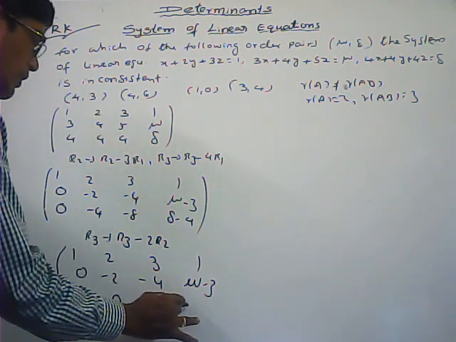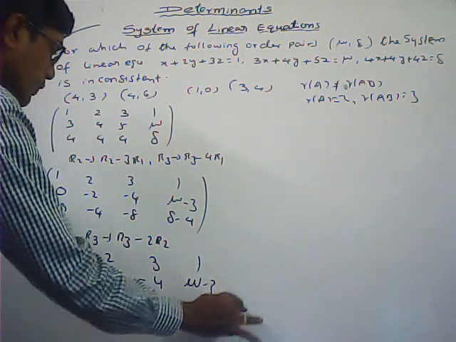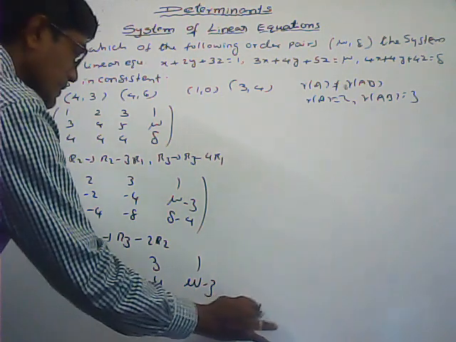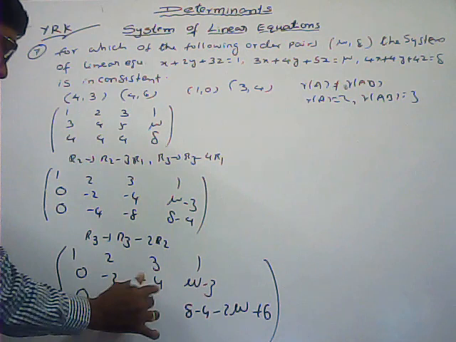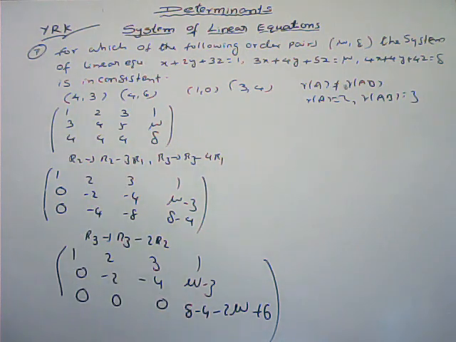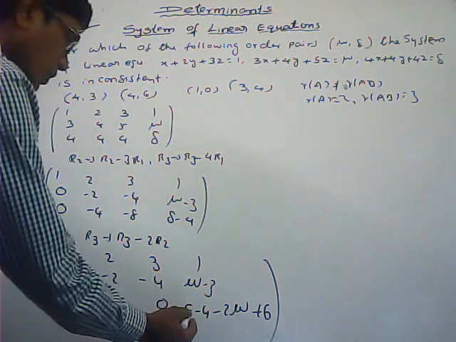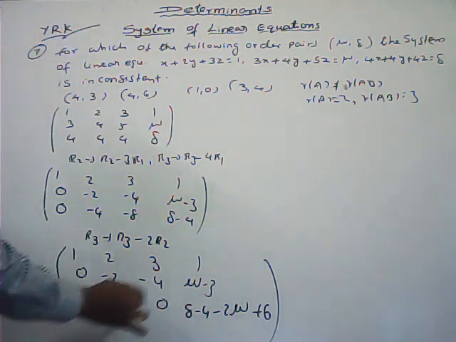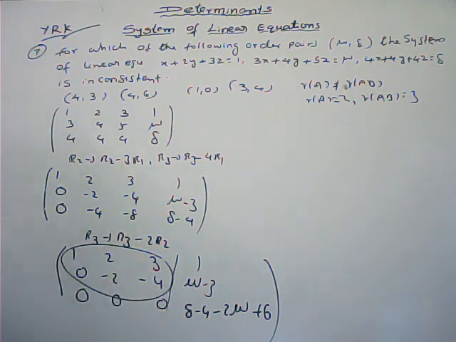delta minus 4 minus 2 mu plus 6. Plus 6, we got. So this one we got. What about the rank of A? The rank of A is equal to the number of non-zero rows; only 2 are there.